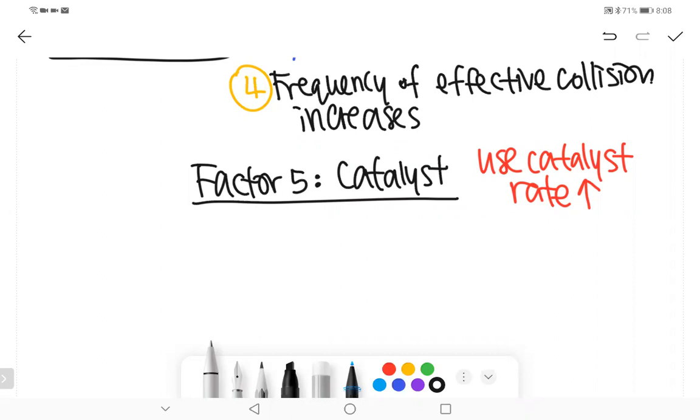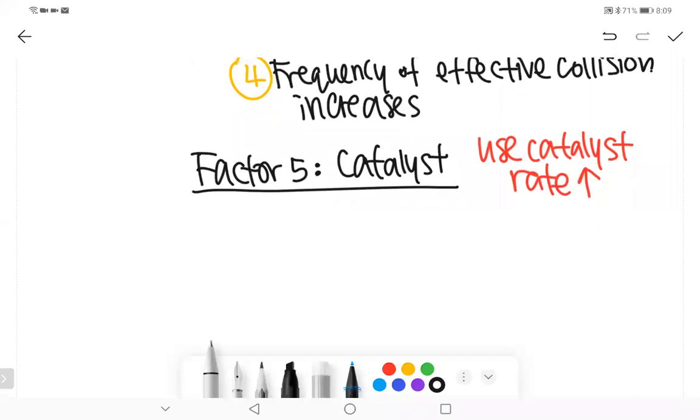Catalyst is a special substance that can speed up the reaction.